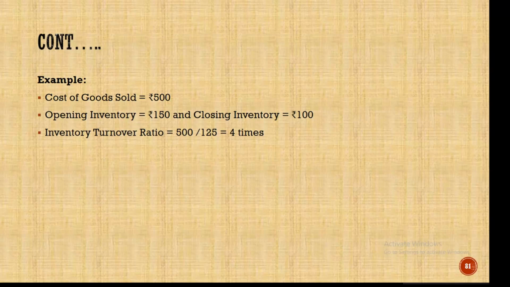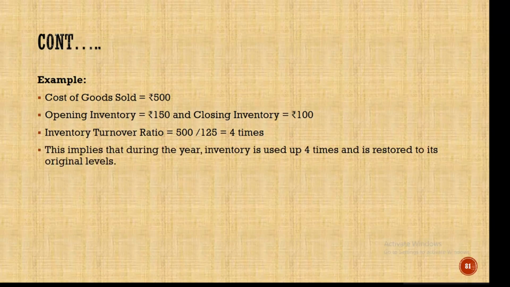So here, by using the formula, we will arrive at inventory turnover ratio, that is 4 times. This implies that during the year, inventory is used up 4 times and is restored to its original levels.